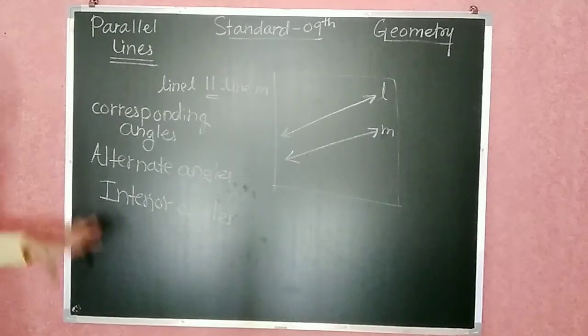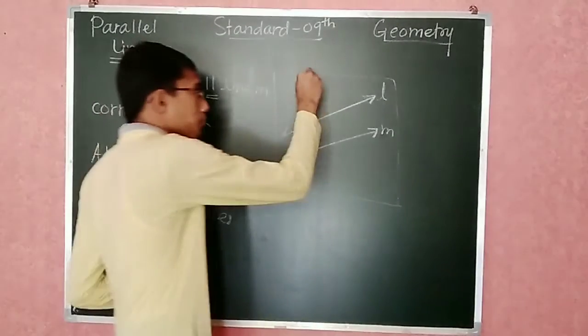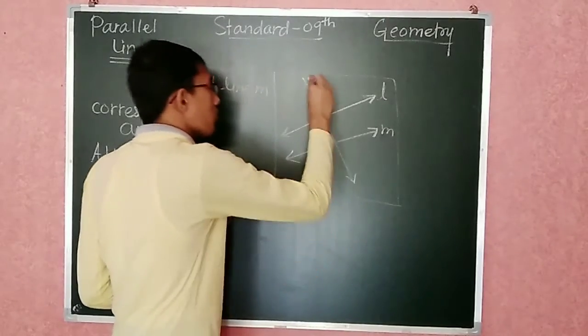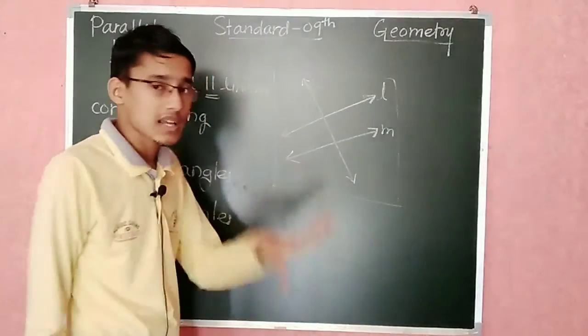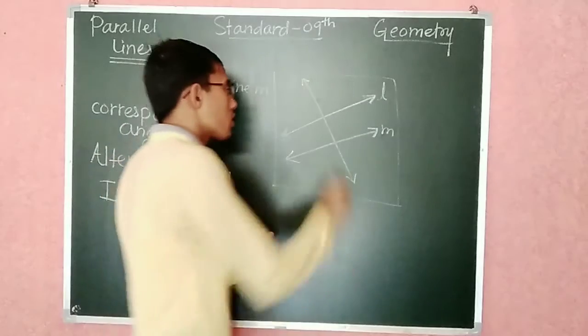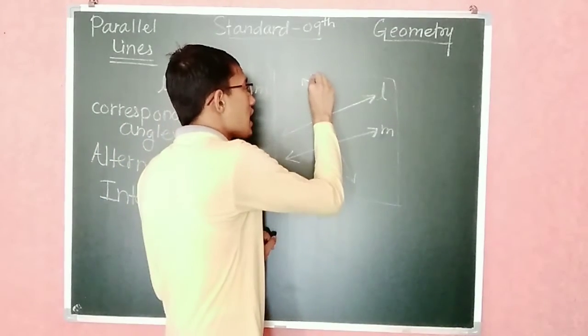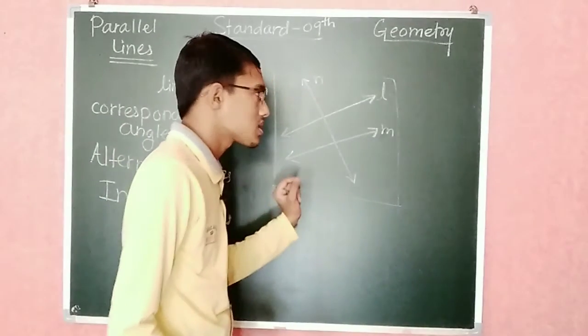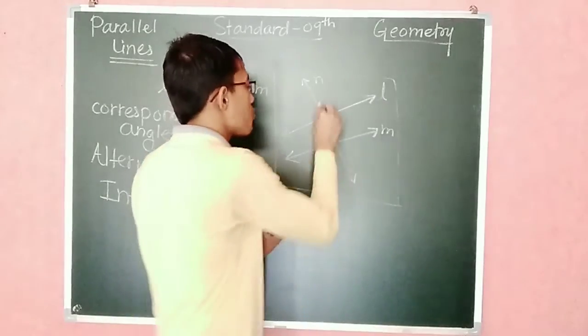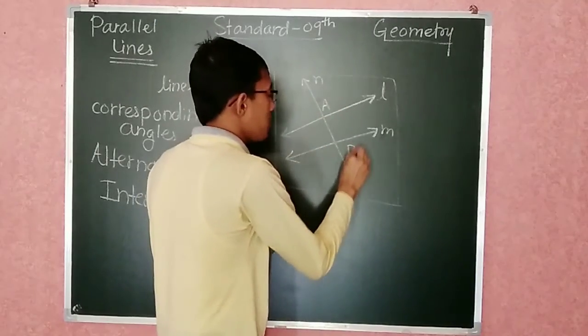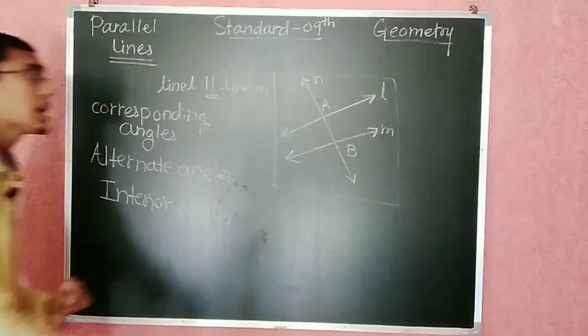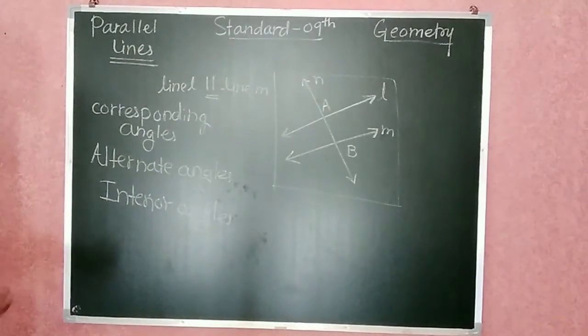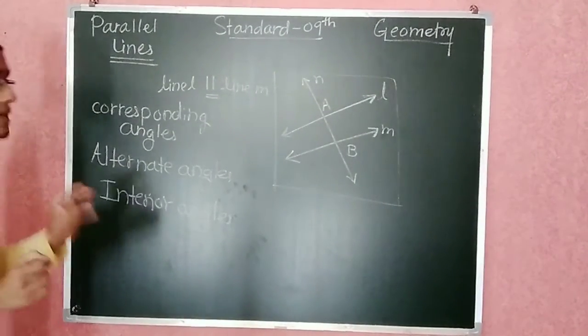Whenever a transversal intersects two parallel lines, suppose this is the line N which is intersecting line L and line M at points A and B respectively. This intersection has led to the creation of some angles.